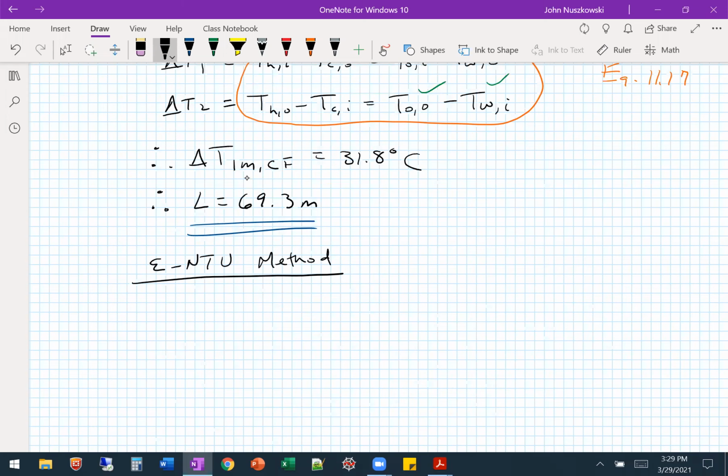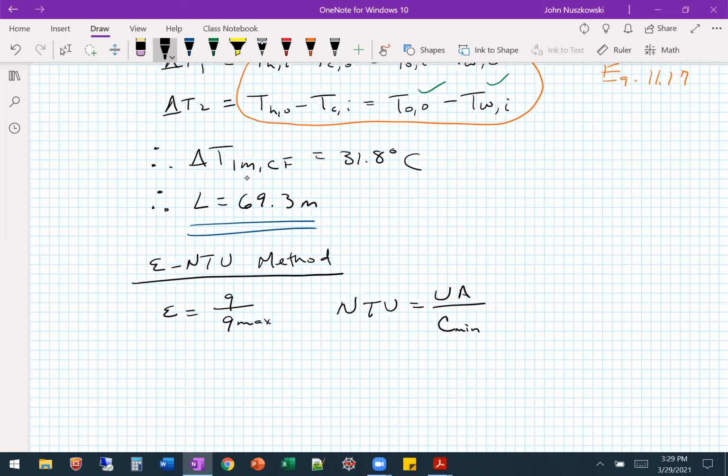Effectiveness, if we remember from our lecture slides, is Q over Q max, and NTU, number of transfer units, is UA, our overall heat transfer coefficient times area, over the minimum heat capacity rate.